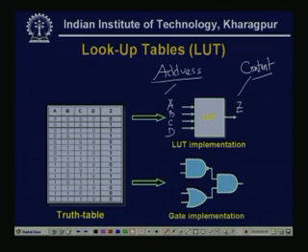So, using the Karnaugh map, we know that Z can always be realized using gates.